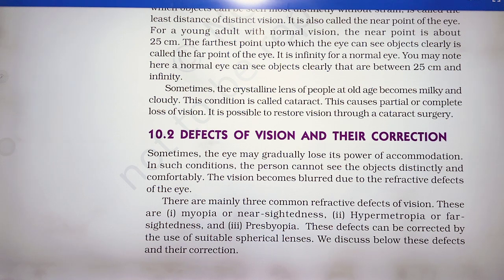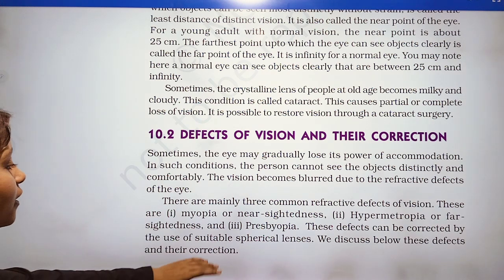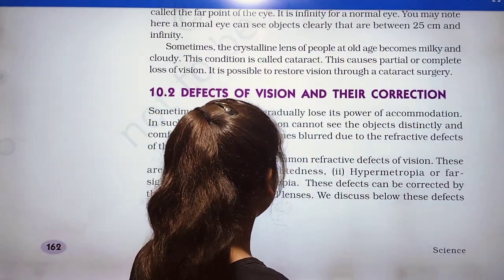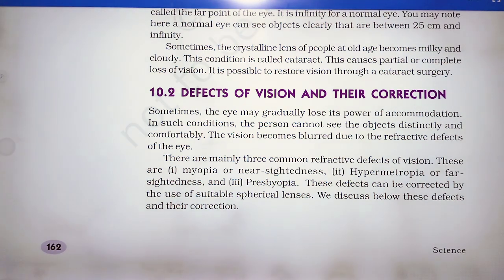Now the next topic: defects of vision and their correction. Myopia, hypermetropia and presbyopia are the three defects of vision that we have to read in this chapter, along with their correction.